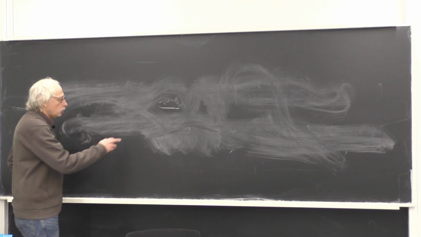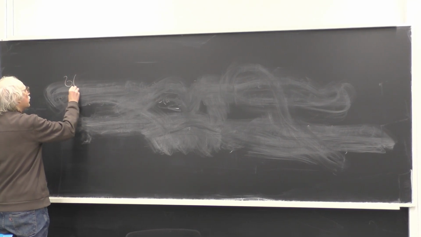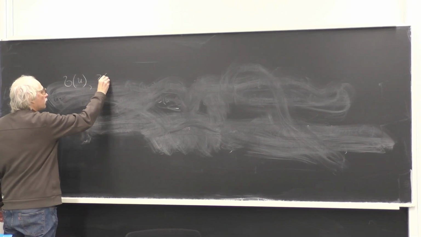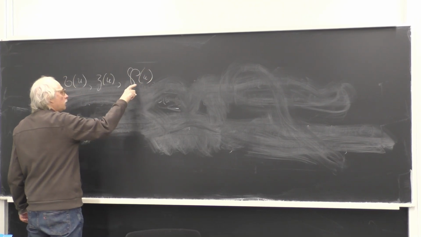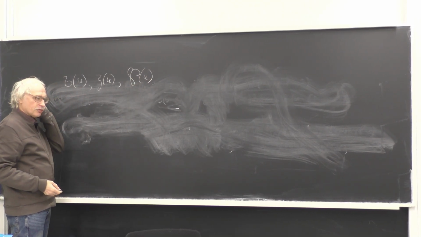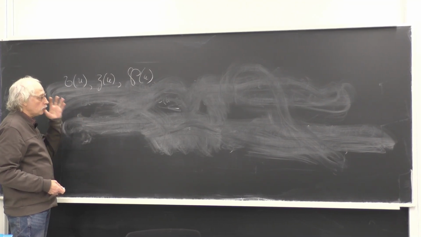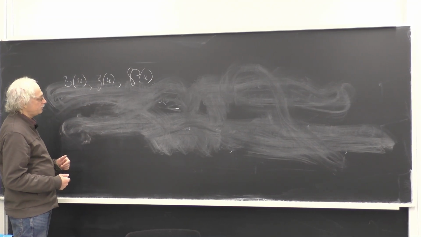I remind you that last time we introduced the Weierstrass functions sigma, zeta, and P. P is an elliptic function, double periodic, which has a second order pole at the origin and in all points of the lattice.